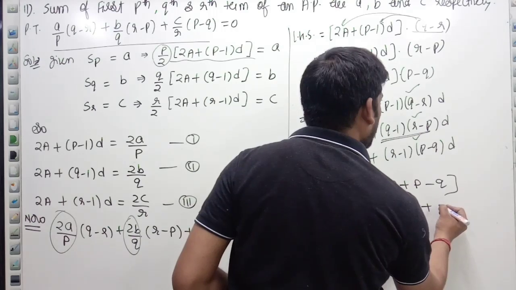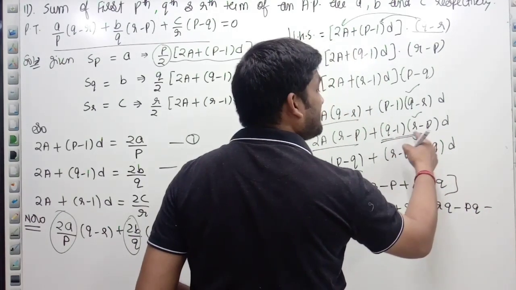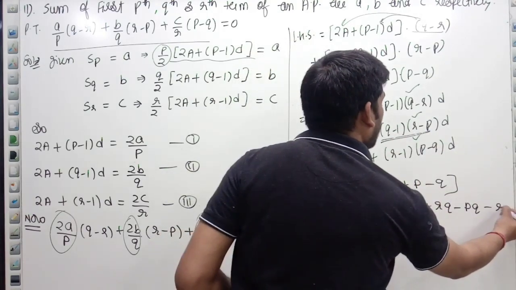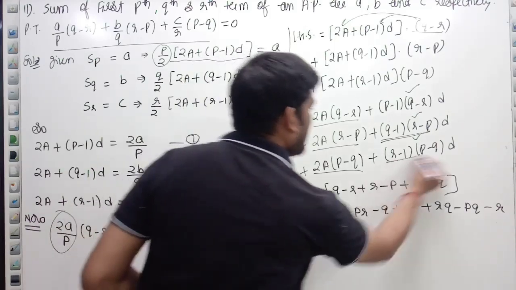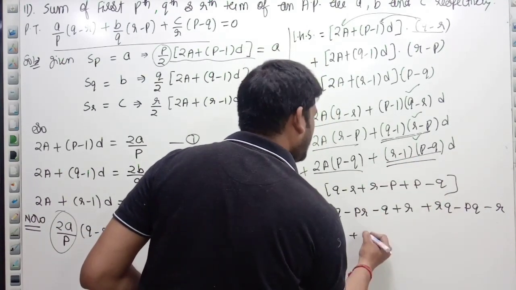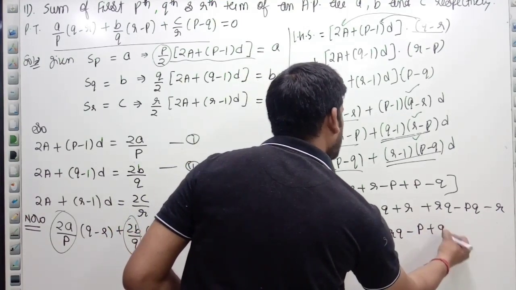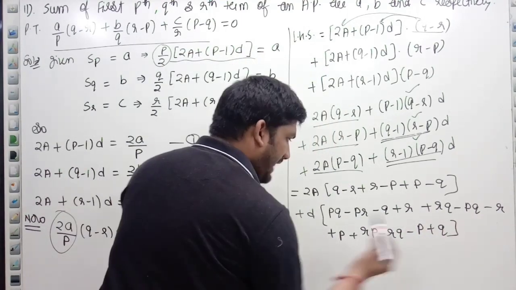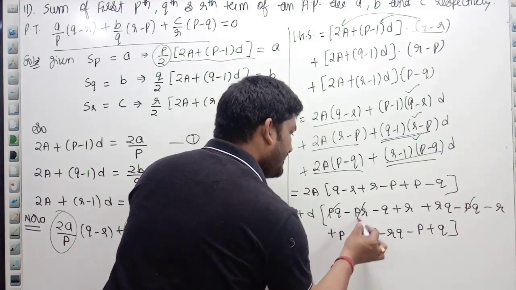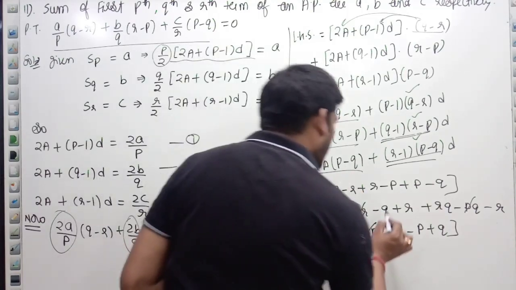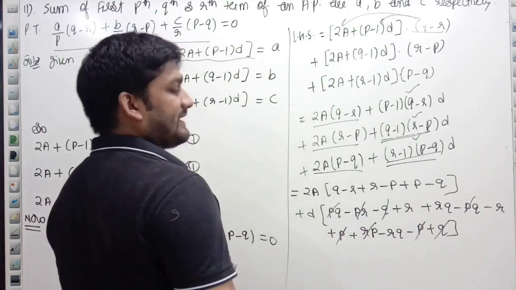Minus q multiplied by both rq minus pq minus 1 multiplied by both minus 1 into r minus r minus minus plus p. Now third I will multiply these two r multiplied by both rp minus rq minus p plus q. Now you will also see here that pq and pq will cancel out. This pr and pr will cancel out. Minus q plus q will cancel out. Plus p minus p will cancel out.